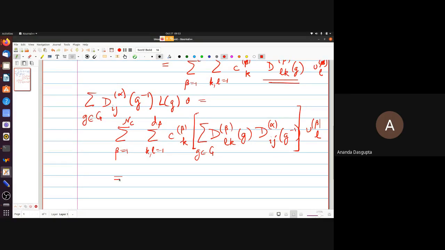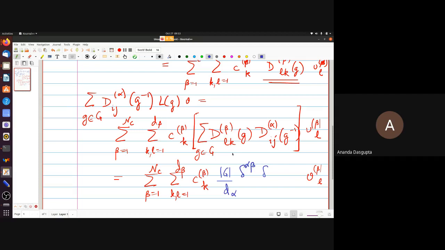So what happens? If you do this, you get the sum over beta equals 1, 2, V beta L, and what the GOT gives you in the middle is mod G by d alpha, or d beta, it doesn't matter because there's a delta alpha beta anyway.